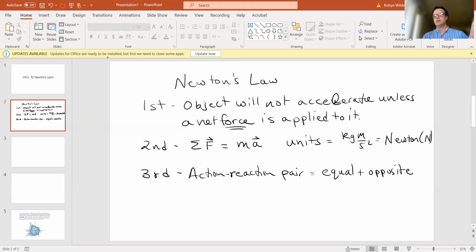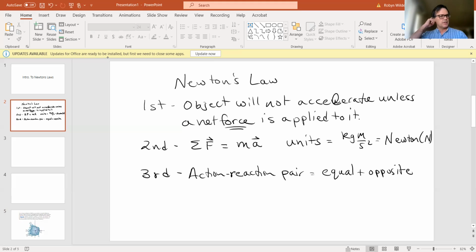If I push on the table, my force is on the table. The reaction force to that is the table pushing on me, right? So there's a force on the table and a force on me, on different objects, and you never add usually those forces together. If I want to know what my acceleration is, I would add only the forces on me. If I want to know what the table's acceleration is, I only add up the forces on the table.